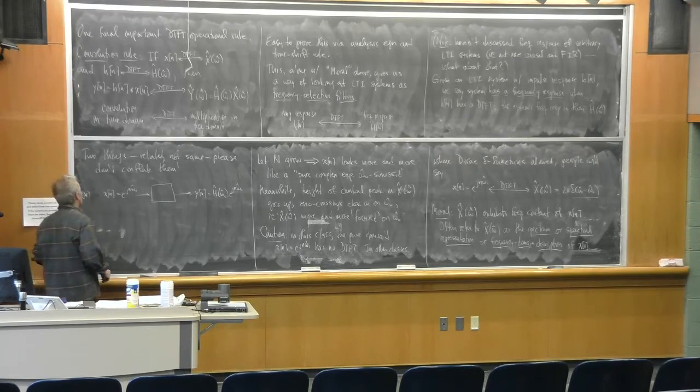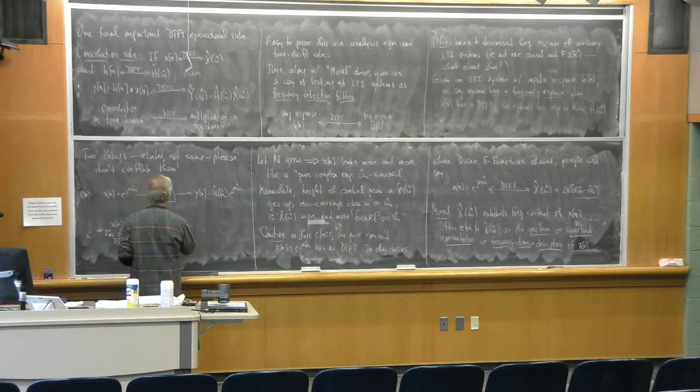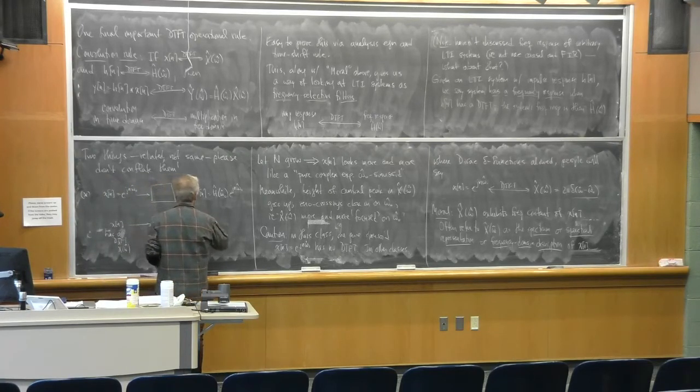What is the other picture? The other picture is you take any x of n that has a DTFT, x hat of omega hat, and you put that into the system. What comes out is y of n equals h of n convolved with x of n.